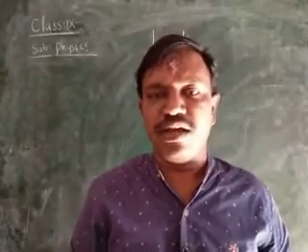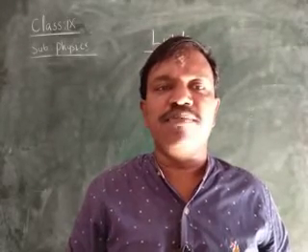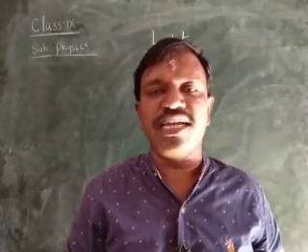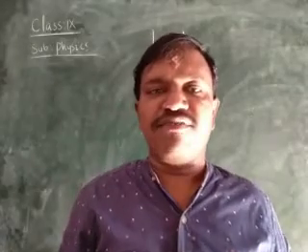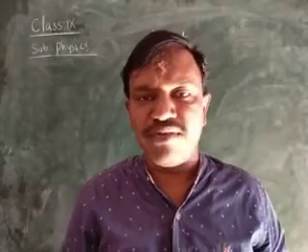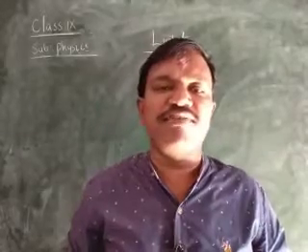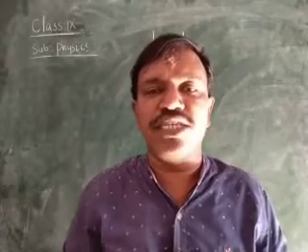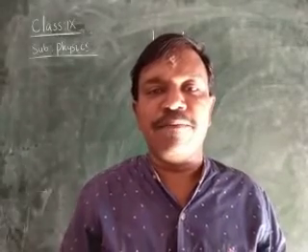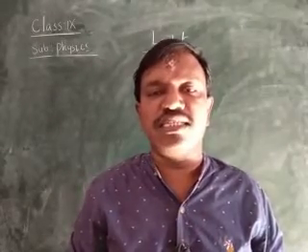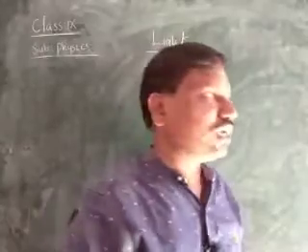Reflected ray is the bouncing back of the light ray from a point on the reflecting surface. The angle between the incident ray and the reflecting surface is called the glancing angle of incidence. The angle between the reflected ray and the reflecting surface is called the glancing angle of reflection, children.